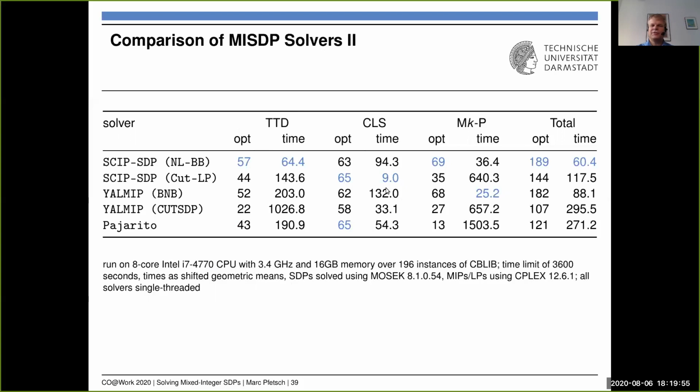But Pajarito is, of course, good at it as well because it uses LP branch and bound. For partitioning, again, nonlinear branch and bound is best in the number of solved instances, but YALMIP is a bit faster. And overall, SCIP-SDP solves the most instances with nonlinear branch and bound and is the fastest on average.